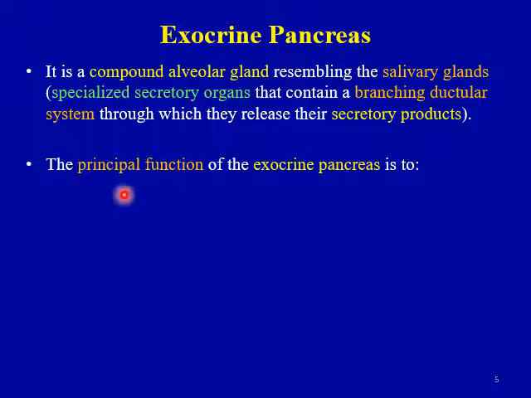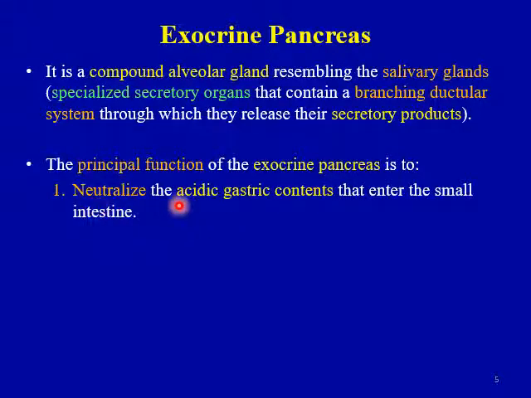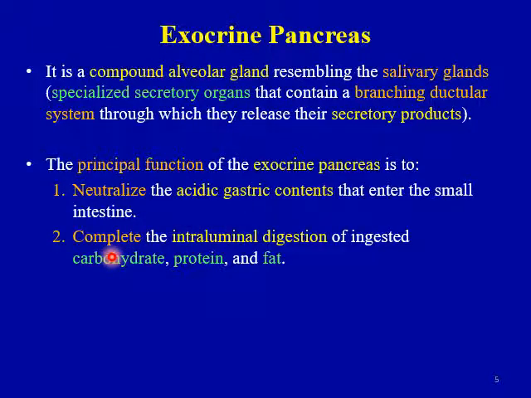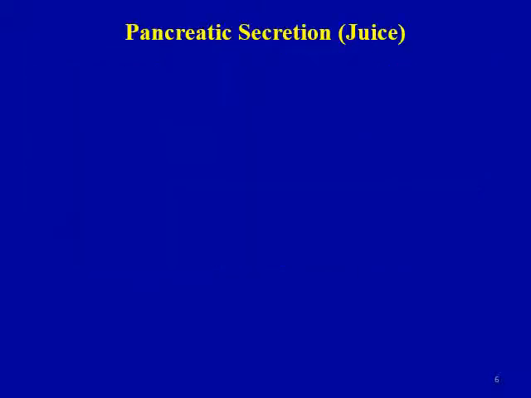The principal functions of the exocrine pancreas are to neutralize the acidic gastric chyme that is delivered from the stomach to the duodenum during gastric emptying, and to complete the intraluminal digestion of the ingested carbohydrates, proteins, fats, and even nucleic acids.